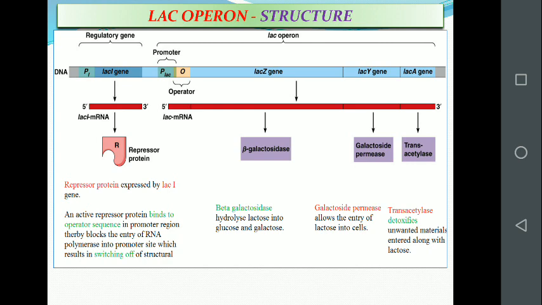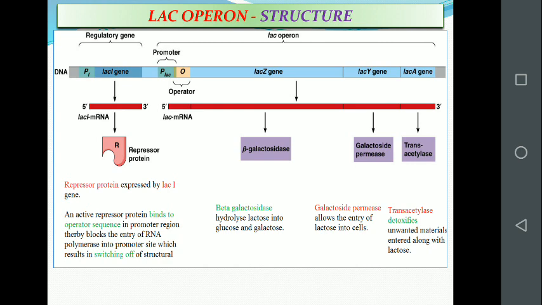So here the difference is that it is not completely switching off the genes or completely switching on the genes. It is just regulating the genes, the lactose itself regulating the gene expression.